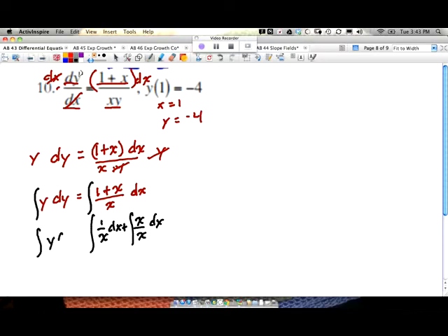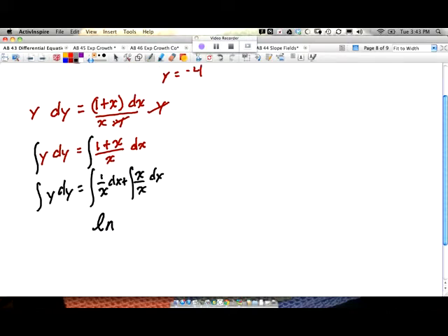And then this integral of y dy, we'll deal with that as well. So the first one, 1 over x dx, what's that? Well, that's natural log of x. And this is really 1 over 1, and the integral of 1 is just x. Then on the right side, we have y to the first power, which is going to become y squared over 2. And then, of course, we have this plus c.